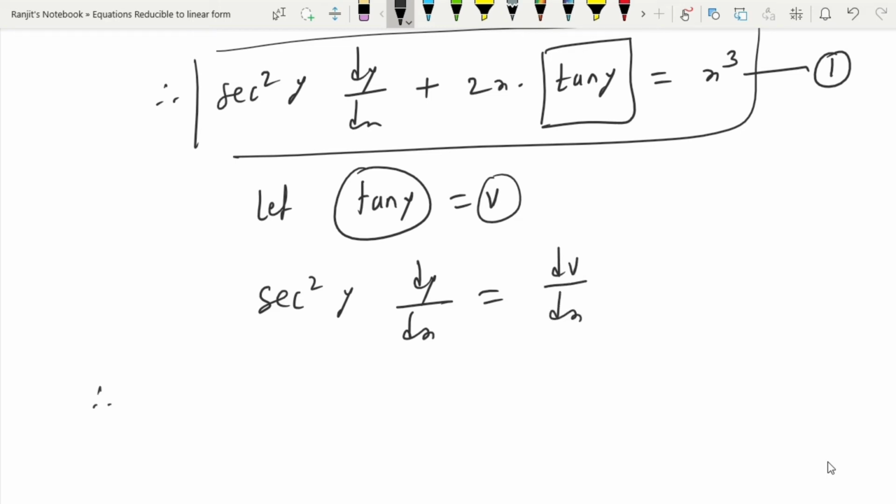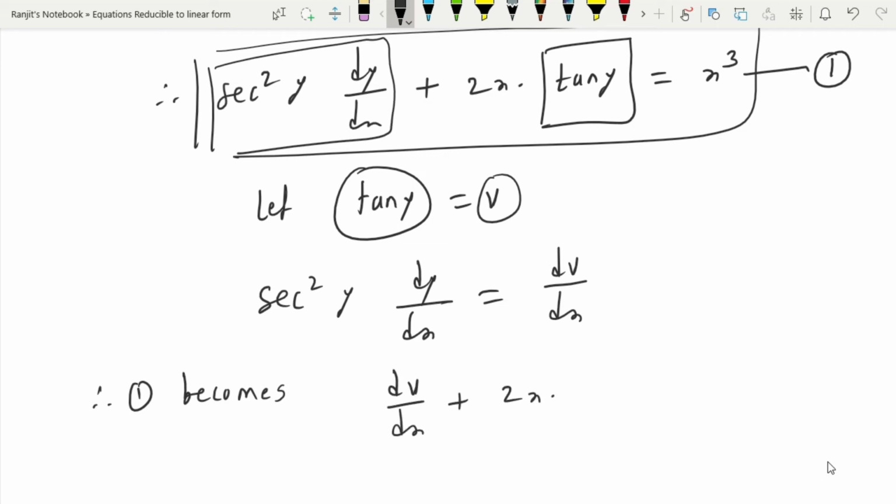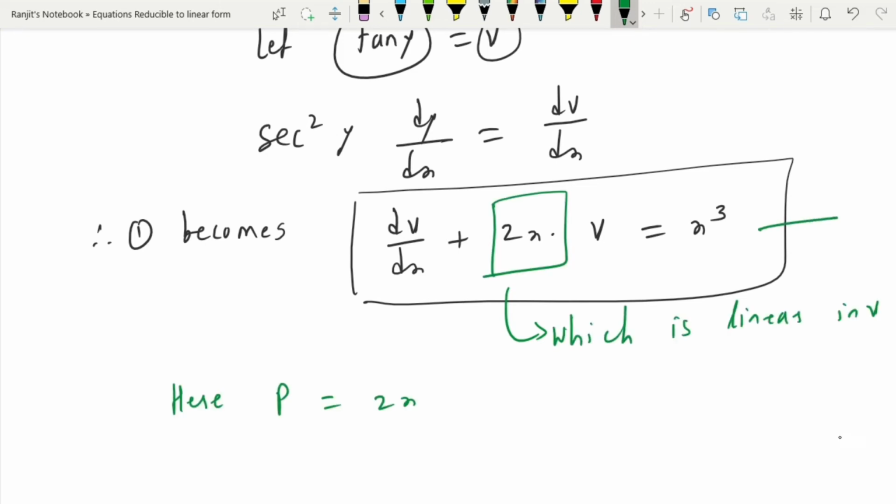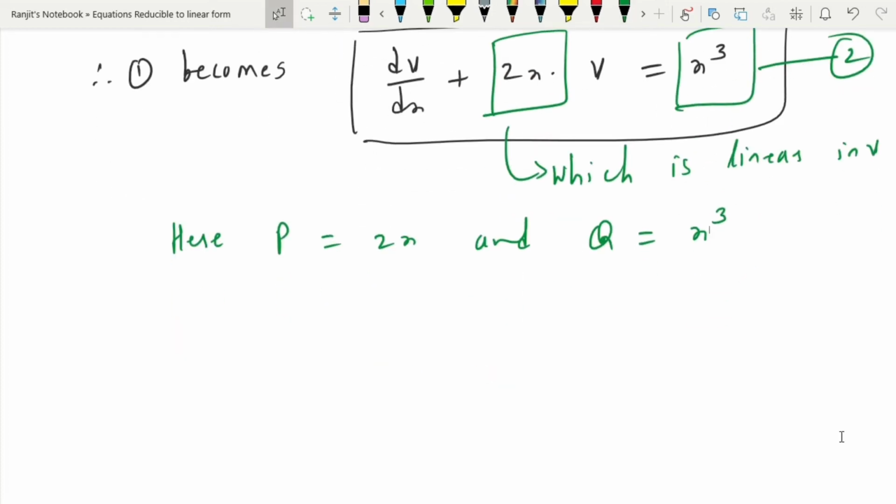Therefore equation 1 becomes sec square y dy by dx, which is dv by dx, plus 2 times x, and tan y is v, is equal to x cube. This equation, which is linear in v, is denoted by 2, and p equals 2x and q is equal to x cube.